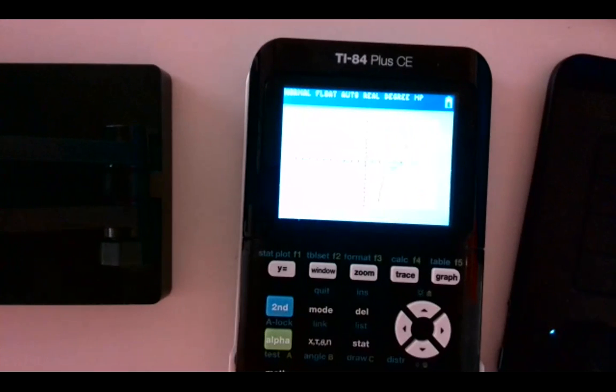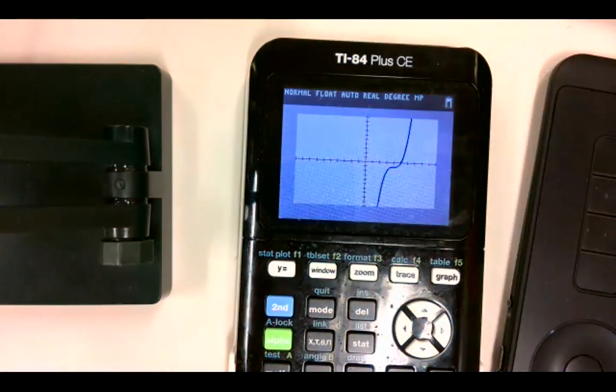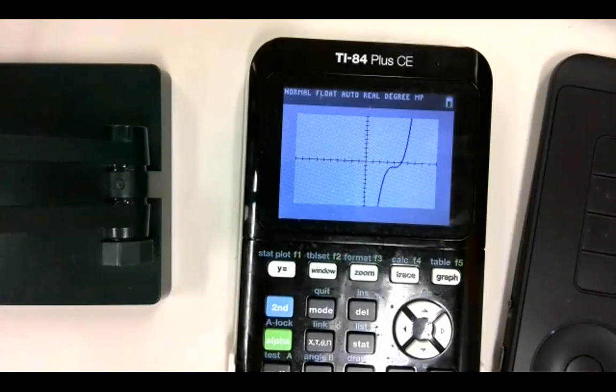Oh, you know what? I need to turn my light on. That's probably why. Can you see now? Yep, perfect. All right.